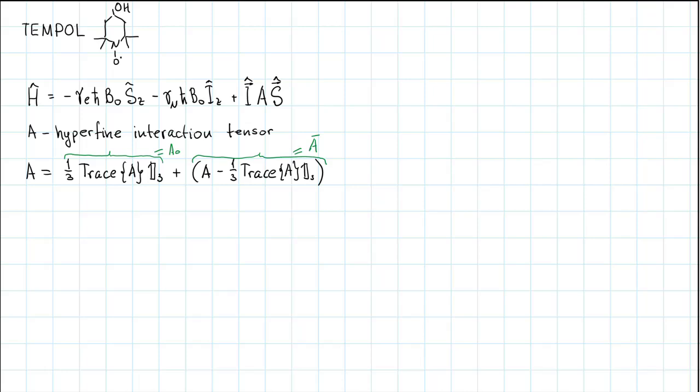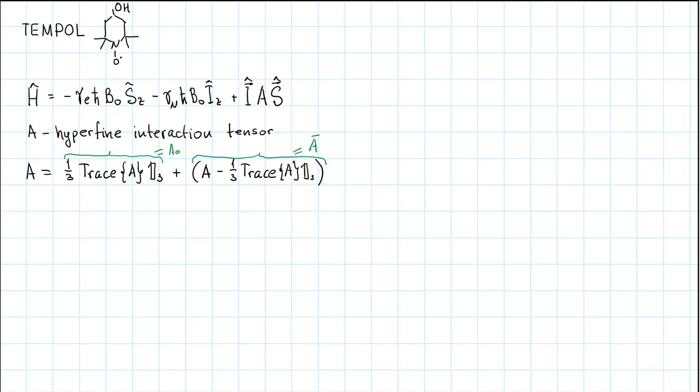Here I would like to point out that the variations of the hyperfine tensor result from the variation of the term A bar. The term A0 is basically a unit matrix and it does not change when we go from one coordinate frame to another.